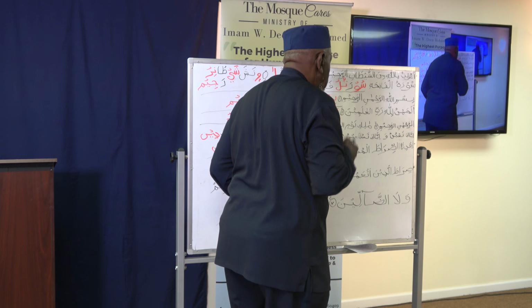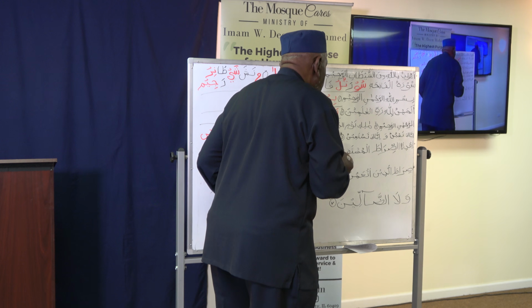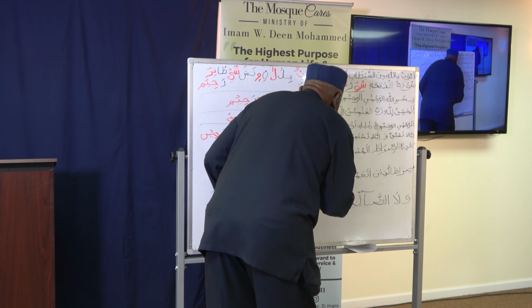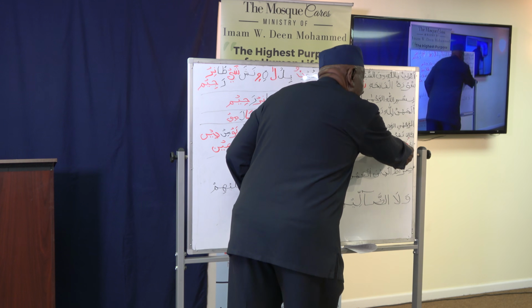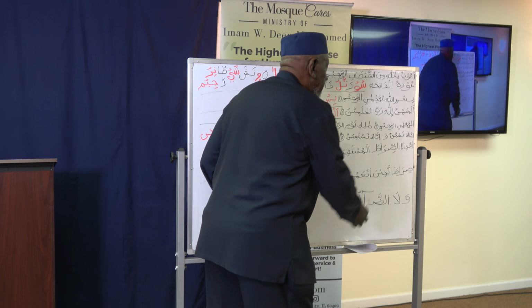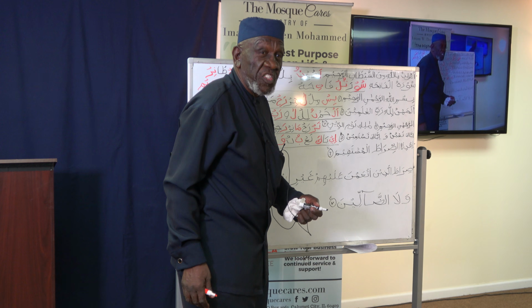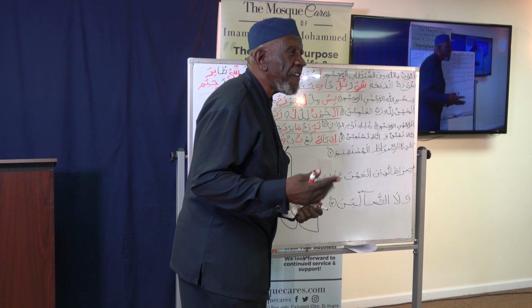Now, we're going to Ihdina Siratal Mustaqim. And the word is Ihdina. But what happens? It's going to the sword. So it's not Ihdinas, it's Ihdinos, because the sword affects that ad.